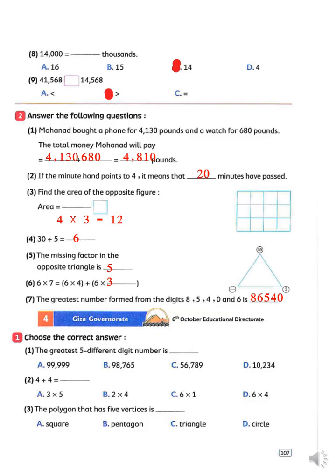The next question, the greatest 5-different-digit number is 98,765. 4 plus 4 equals 8. So 2 plus 4 equals 8. The polygon that has 5 vertices is the pentagon.